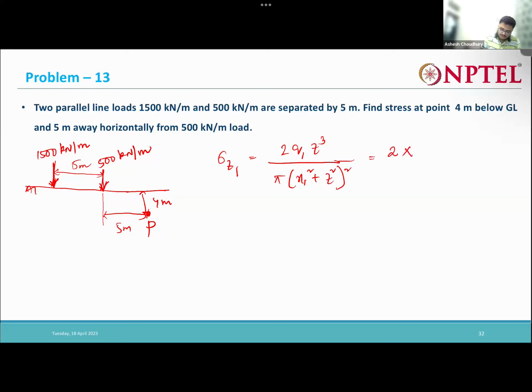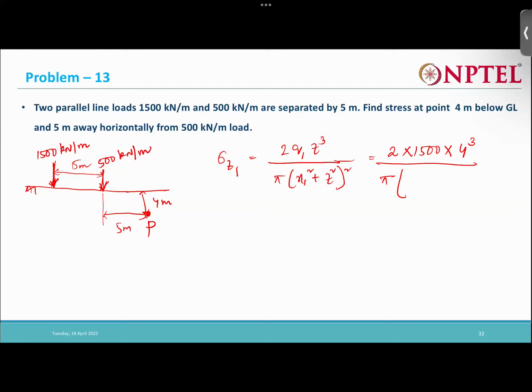So 2 into 1500 into 4 cube by pi into, x will be how much? 10 meter.